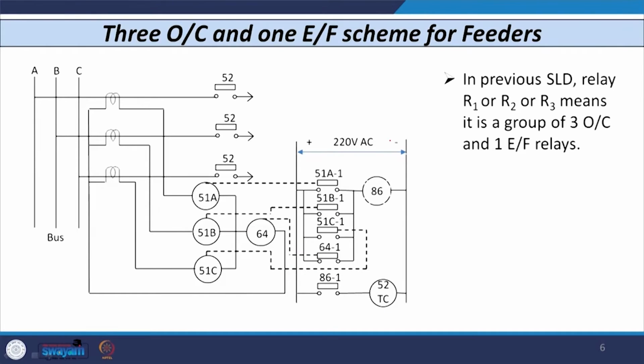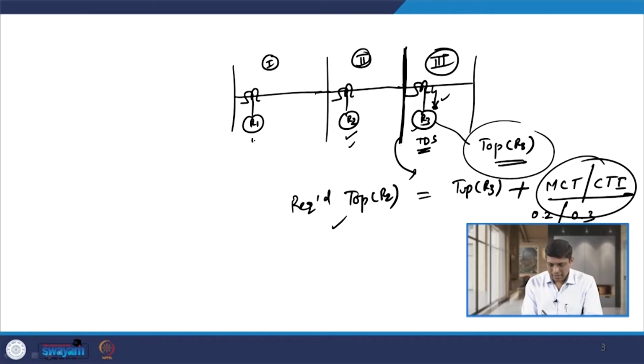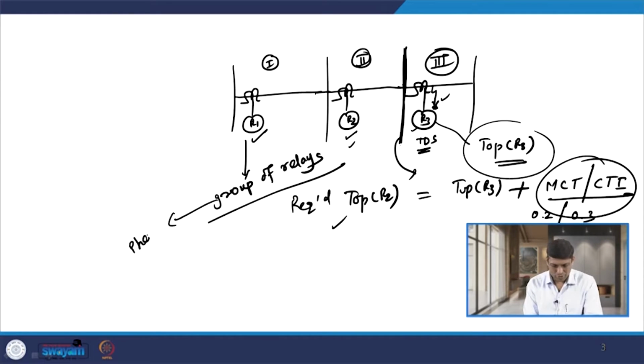So, with this background, let us consider the 3 overcurrent and 1 earth fault scheme used for the feeders. Now, what is the meaning of this? If I consider relay R1 here, then this R1 is nothing but a group of relays. It has a phase overcurrent relay and it also has a ground overcurrent relay.